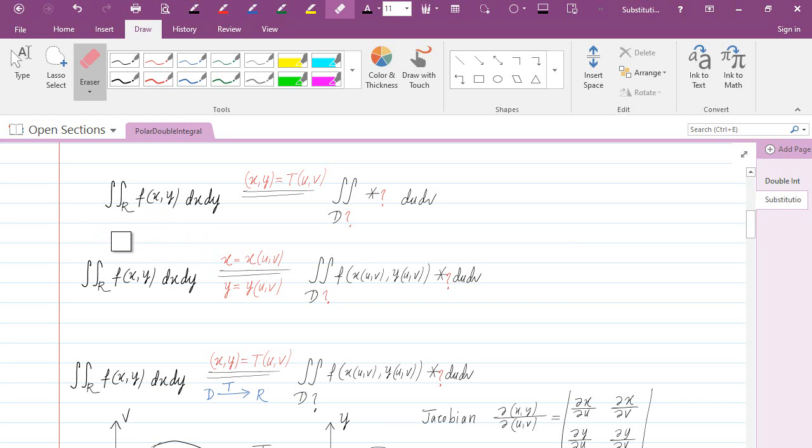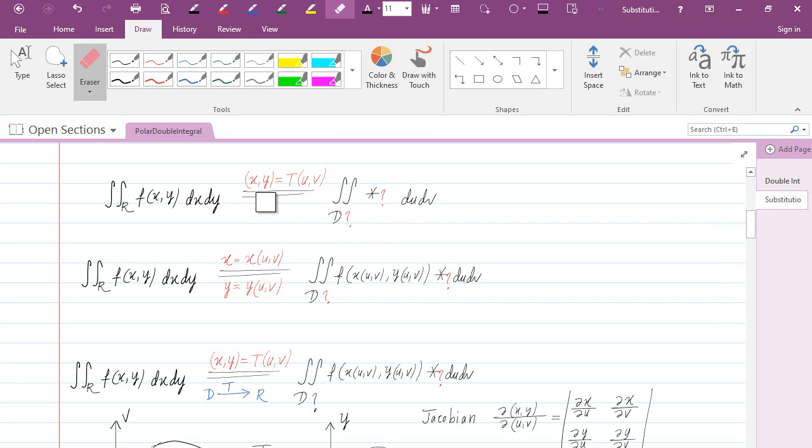So let's say I have this double integral where the integrand is f of x y, and the region of integration is R. So we are taking the double integral of f of x y over the region R, and let's say we are changing variables from x y to u v via the function t, where t has an inverse function. So then if we do that, what we want to ask is, what would be the new integrand and what's the new region of integration?